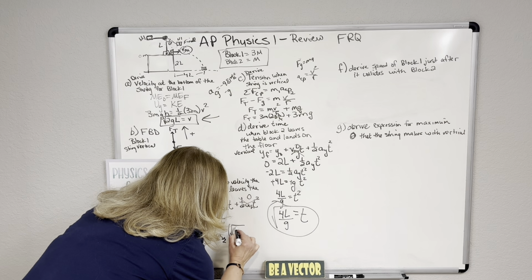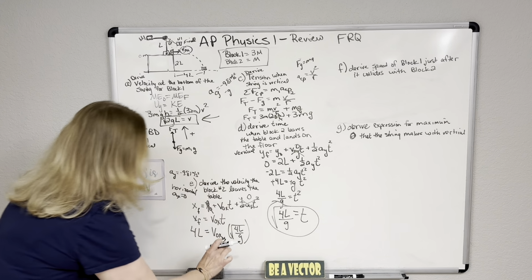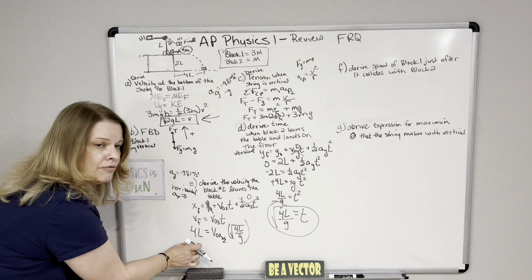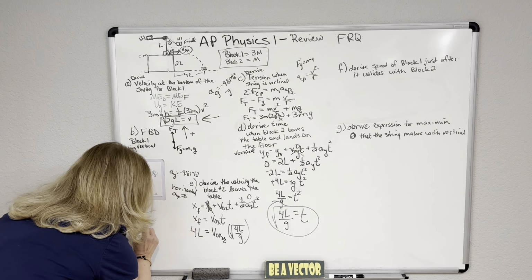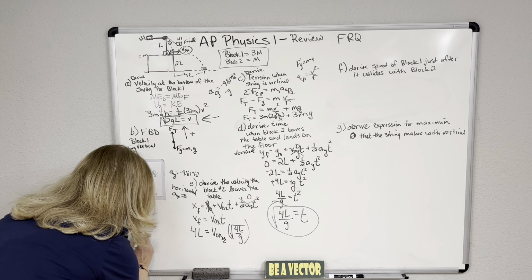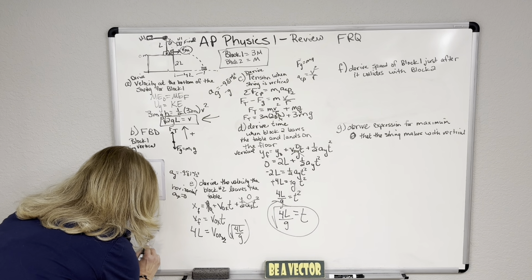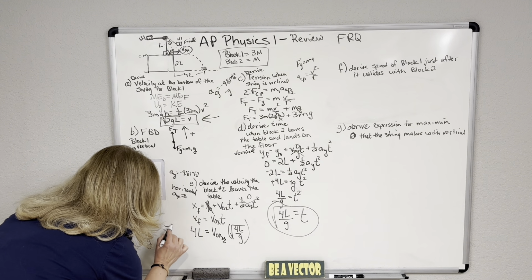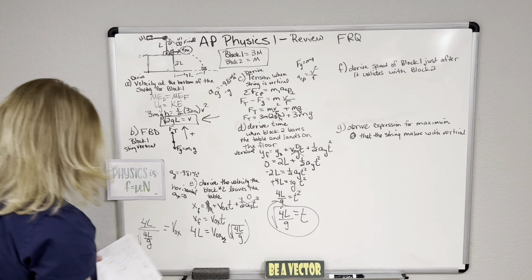It's the square root of 4L over g. Now I'm going to divide time over to get that initial velocity, and I get 4L divided by the square root of 4L over g, and that's going to equal my initial velocity in the x.